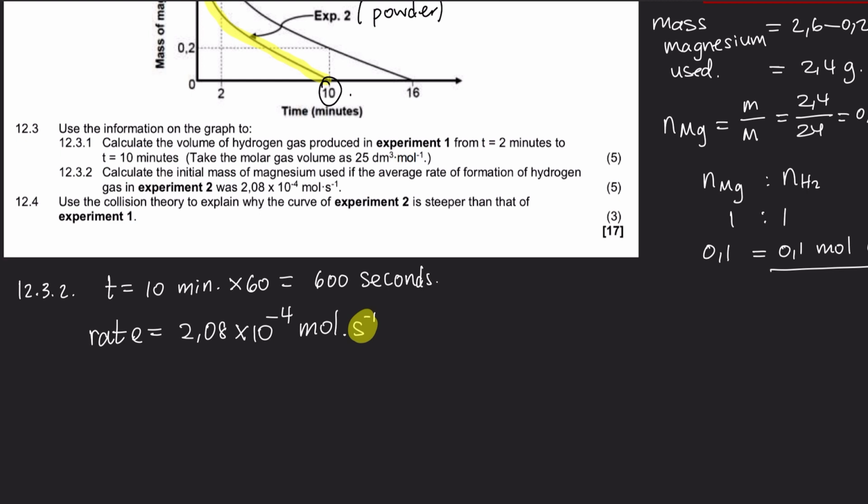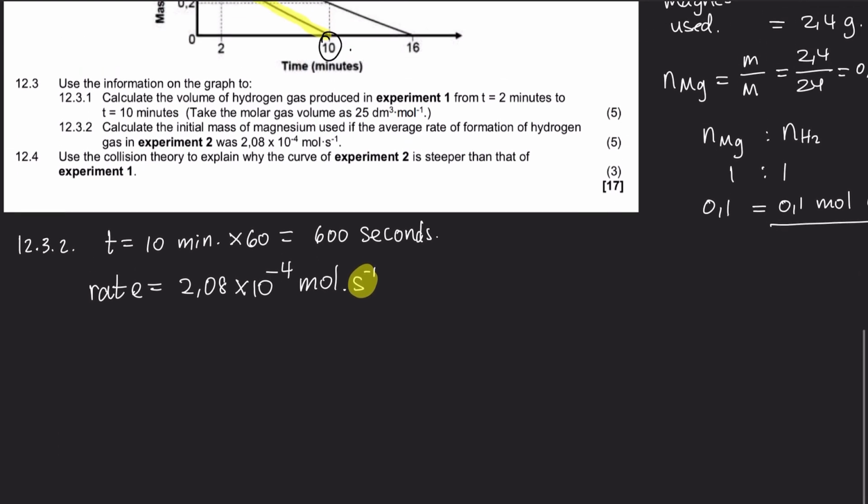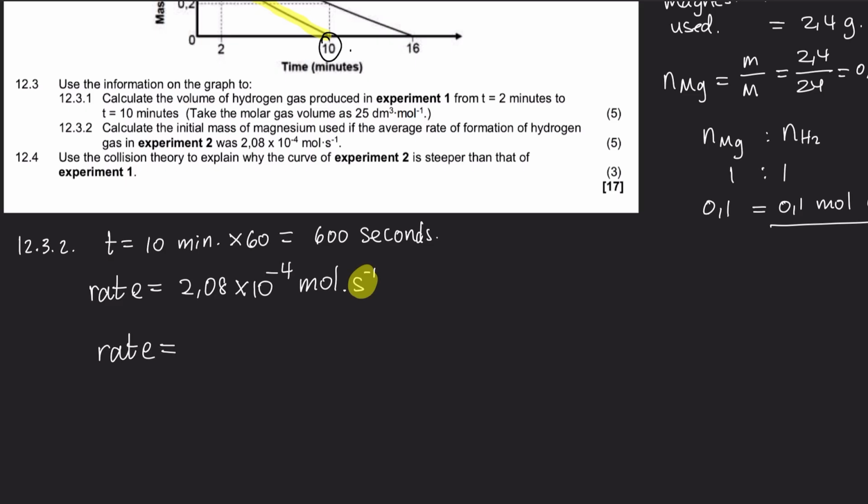Okay. Now, let's think about how we calculate rate. Rate is calculated, in this case, by the change in the number of moles divided by the change in time. Now, we know the rate, 2,08 times 10 to the negative 4. That's equal to the number of moles, and remember, this is the moles of H2 gas, hydrogen gas, divided by the time, which is 600.